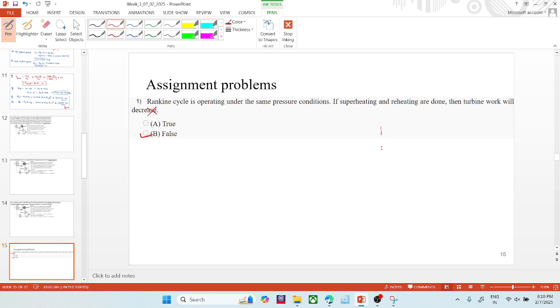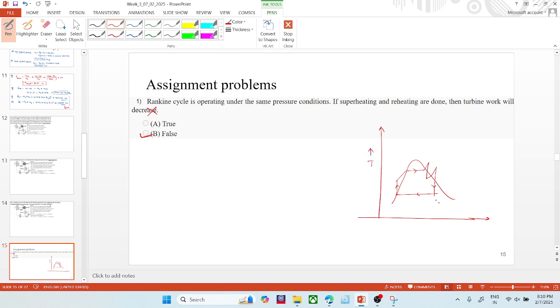We have seen that when we apply the superheating and reheating, then the turbine work will increase.